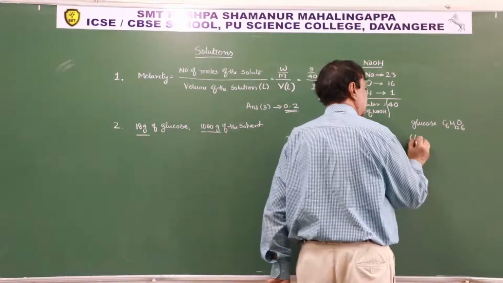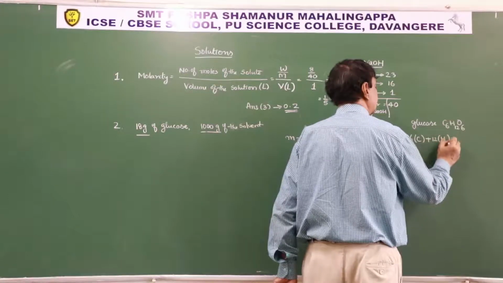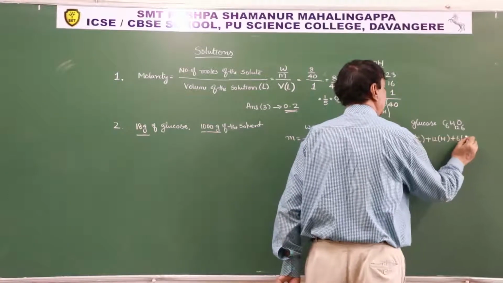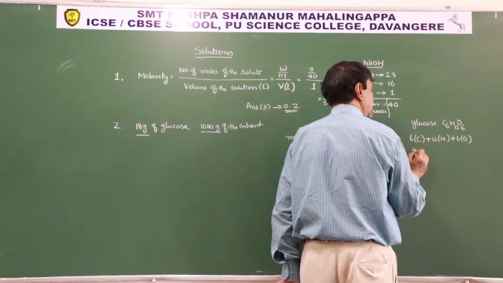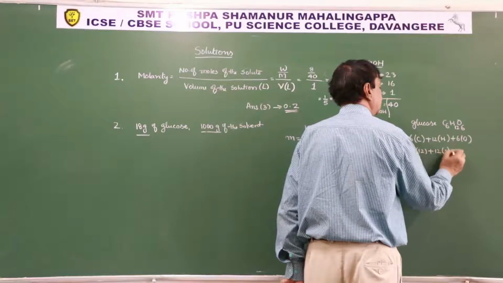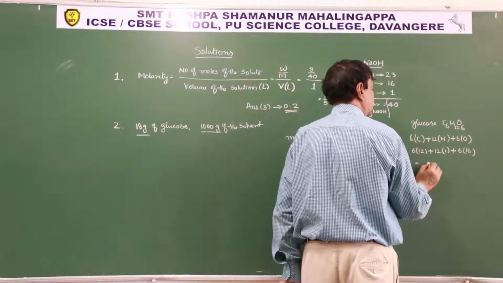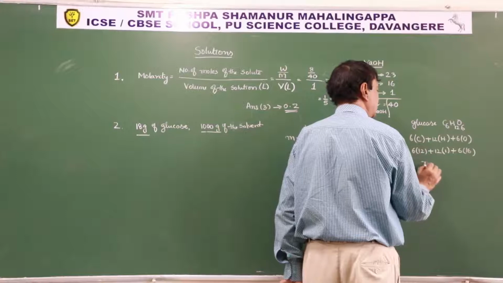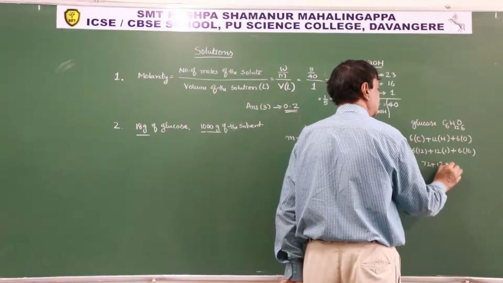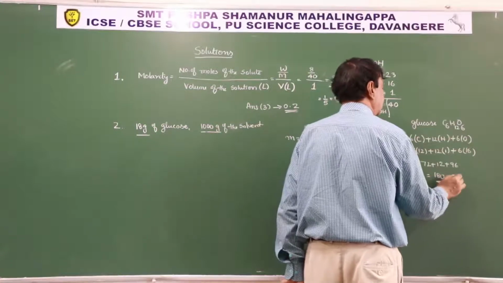Here 6 atoms of carbon, 12 atoms of hydrogen and 6 atoms of oxygen are present. The carbon atomic mass is 12, hydrogen atomic mass 1, and oxygen atomic mass 16, and hence the total value is 72 plus 12 plus 96, that is equal to 180.